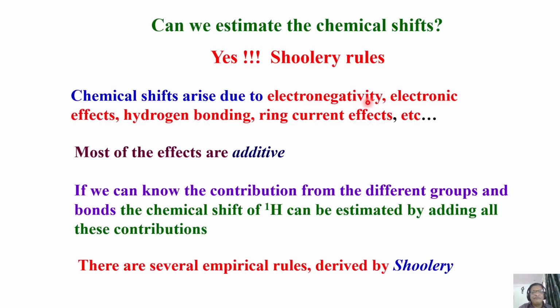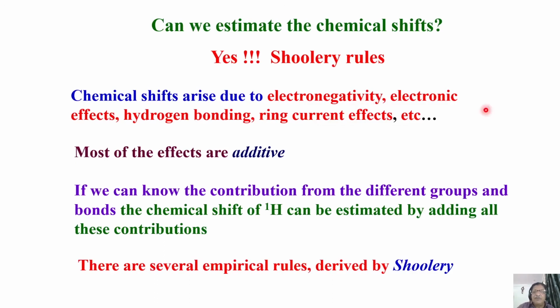Then you will know the total chemical shift because of the addition of all these effects to the base value. Then do the experiment and find out the chemical shift experimentally, and in most cases, by and large, they are comparable. You understand? This is the way we can predict chemical shifts.